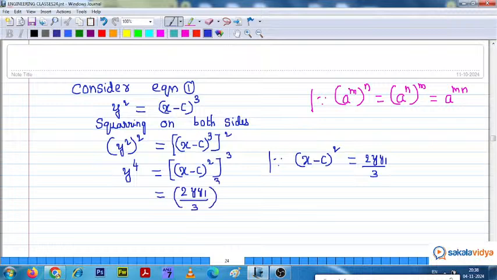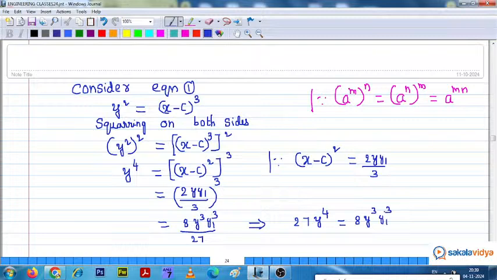After simplification, 2 cube is 8, this is y cube and y1 cube upon 27. So cross multiply. If you cross multiply, what do we get? 27y power 4 equal to 8 times y cube y1 cube.